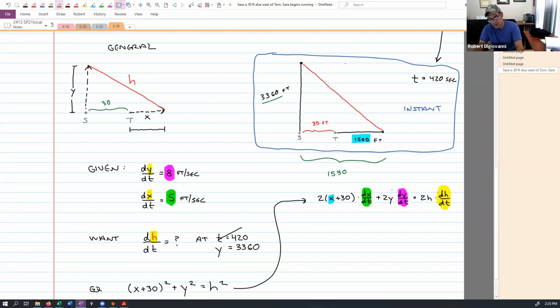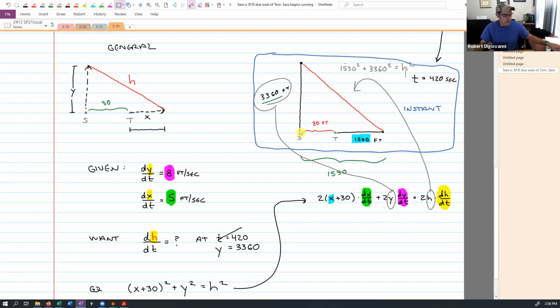Y is that. H, oh, we never got H, did we? H would be that hypotenuse, and the way we get that is 1530 squared plus 3360 squared equals H squared.